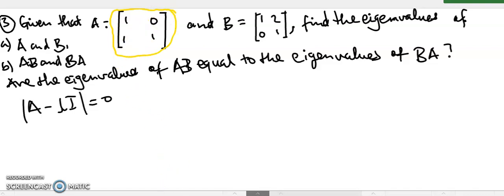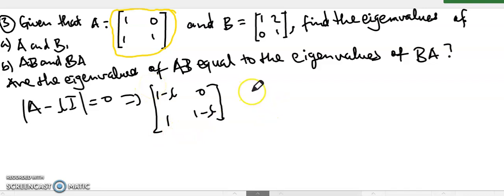So if we multiply lambda by the identity matrix, we will have 1 minus lambda, 0, then 1, then 1 minus lambda. Now we can find the determinant and solve this.